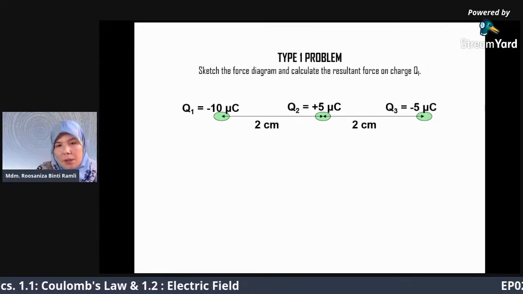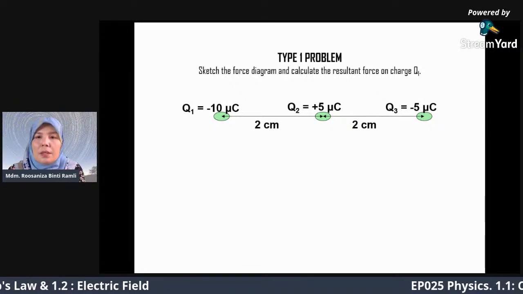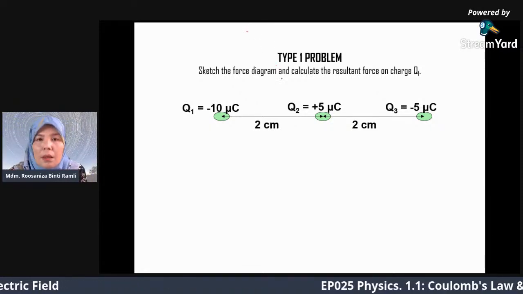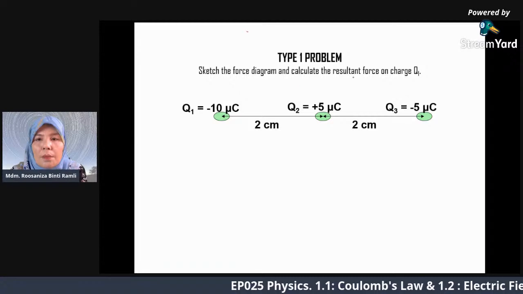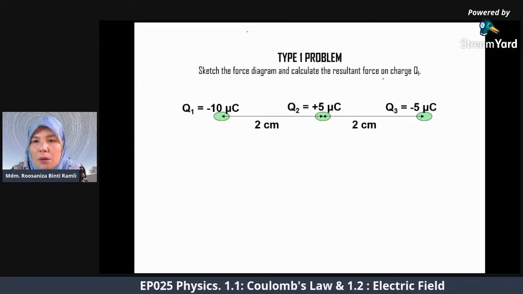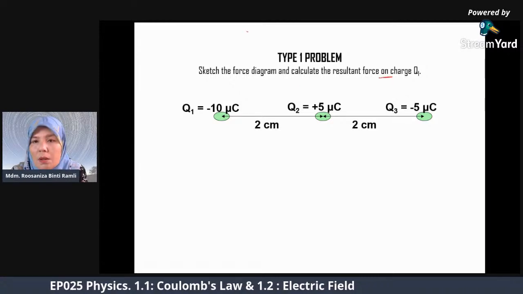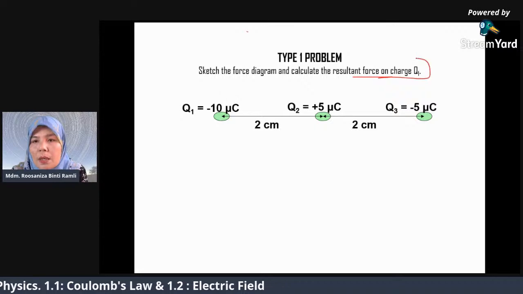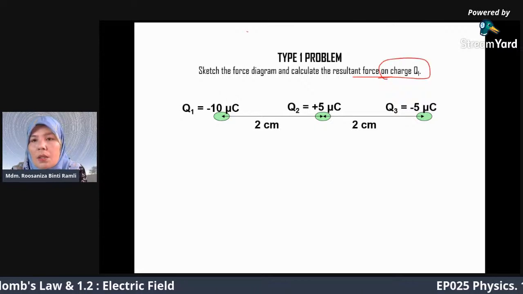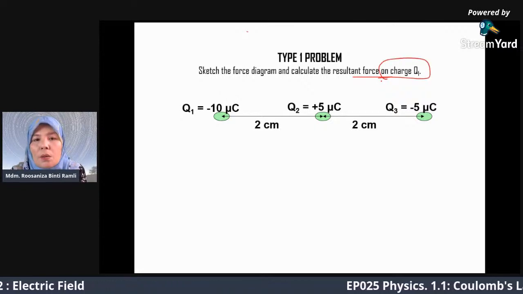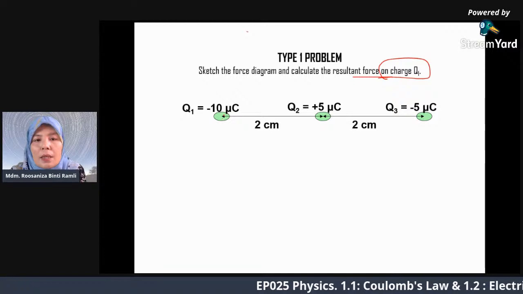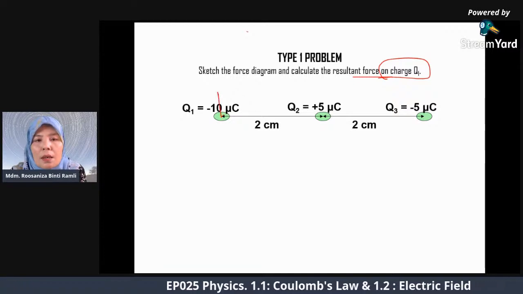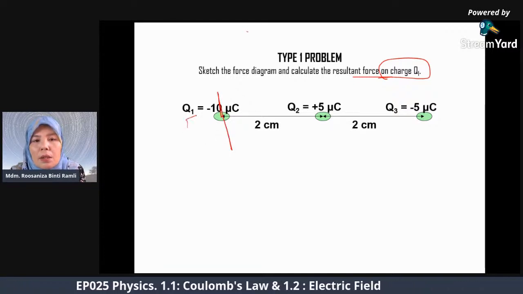So when you get the question first, this one is a type 1 problem. We have to find the force on charge Q1. So you find what Q1 is. Q1 is here, so draw the axis on Q1.